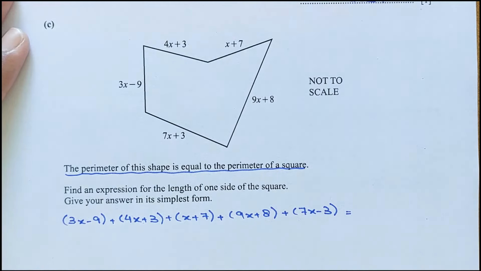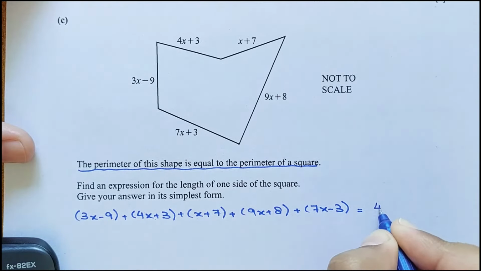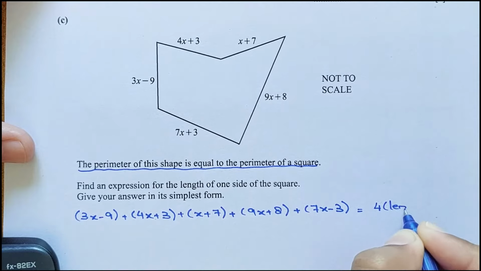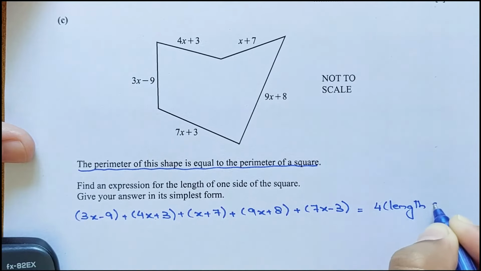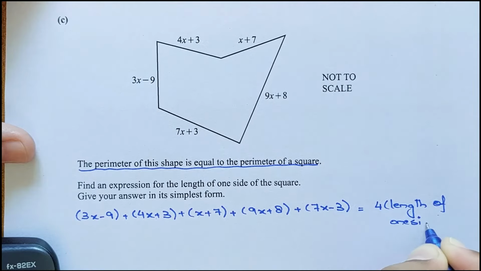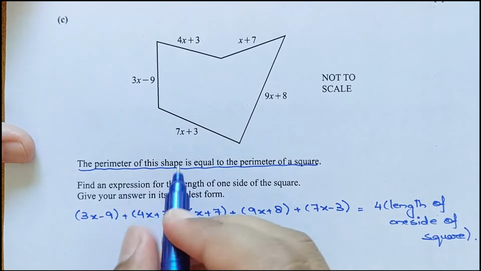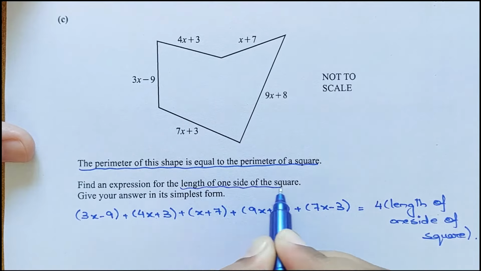So the perimeter of a square is 4 times the length of one side of the square. We have to find an expression for the length of one side of a square.